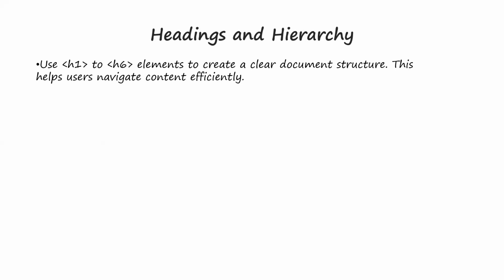H1 should be the highest, then H2, H3, H4 to H6. In a page, you're not supposed to have two H1s. How would the browser or the assistive technology interpret it? There should only be one H1 on a page. The others can be H2, H3, like that. So you have to use them well.